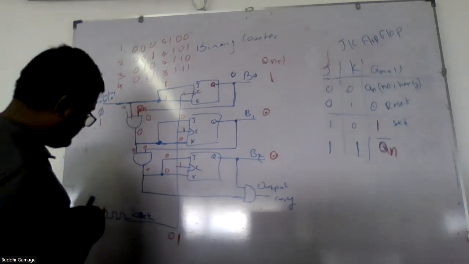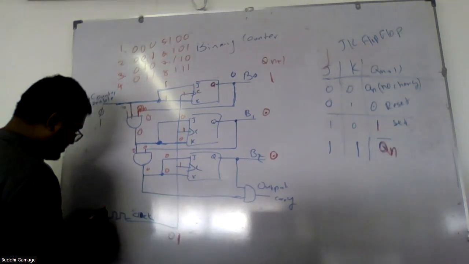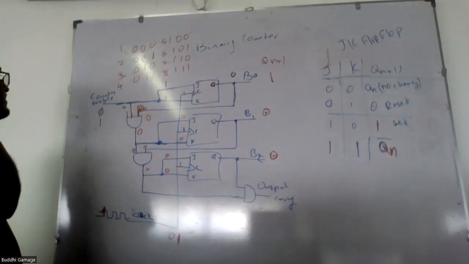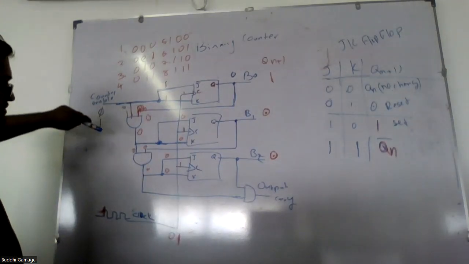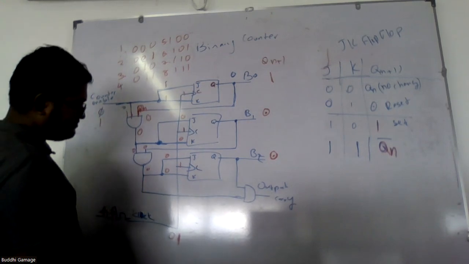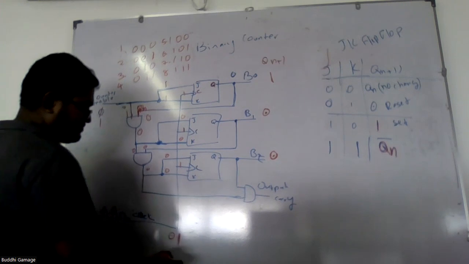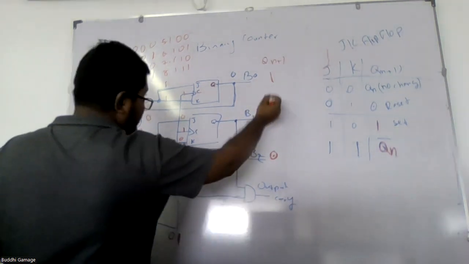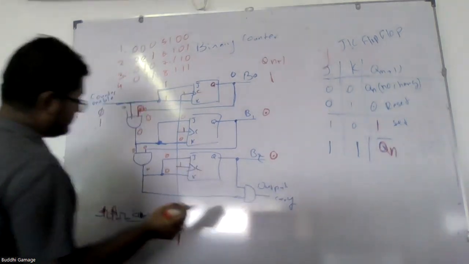So after that, this is on the first tick. Only change the value here, right? Then after that, the next tick happens here, right? Then what will happen? Now it is 1, 0, 0.